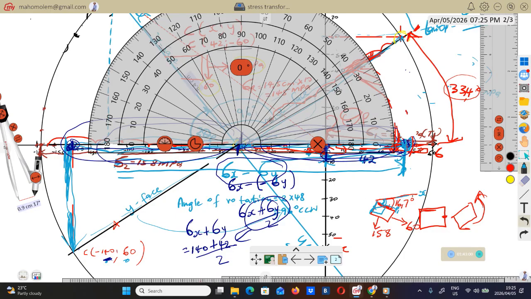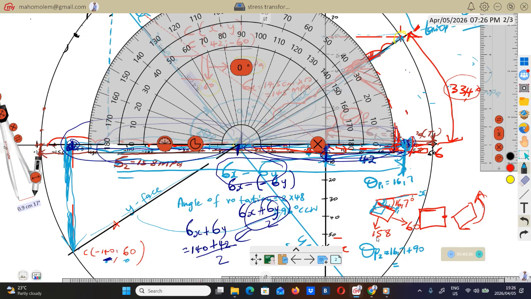So on element wise, theta, what can I call it? Let me say theta P1 is going to be 16.7 and theta P2 on plane number 2 is going to be 16.7 plus 90.